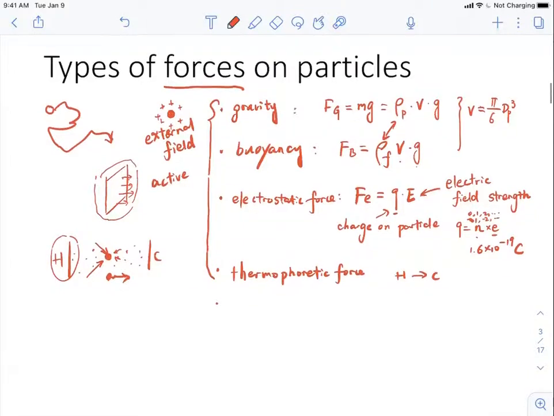But there's also a passive force, which we actually didn't realize so much about. That is called the drag force. The drag force happens whenever there's a relative movement between an object and the fluid that's surrounding the object.